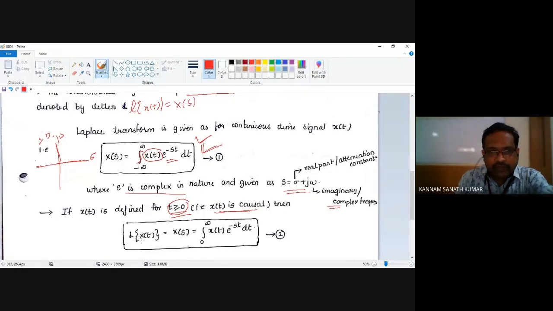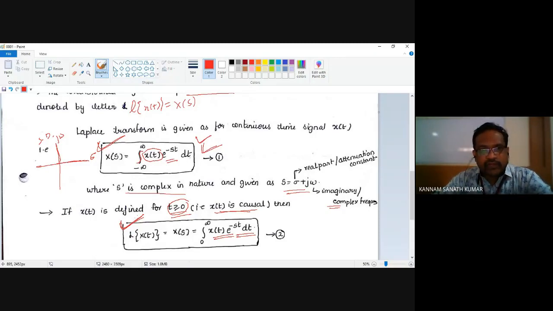So the Laplace transform of x(t) is X(s) = integration from 0 to infinity of x(t) e^(-st) dt. These two formulas are important: this is the bilateral Laplace transform and this is the unilateral Laplace transform. Is it okay? That is the definition of the Laplace transform.